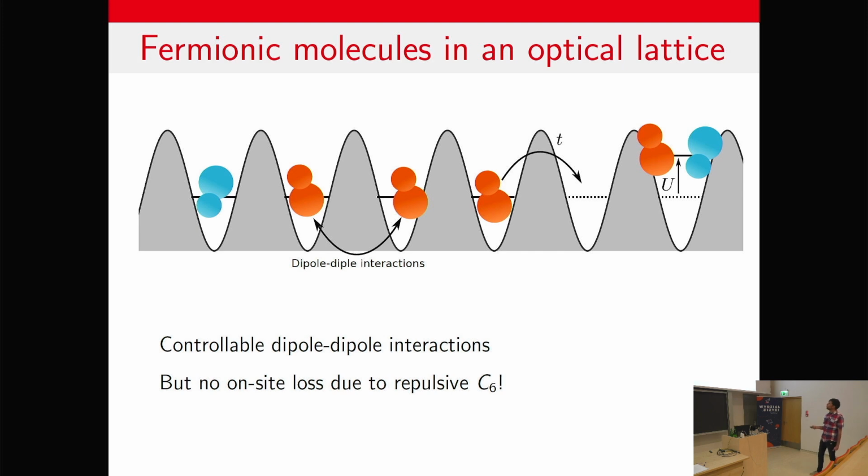This would be most interesting probably for fermionic molecules, because then molecules can get to a single site only if they are in the opposite states.